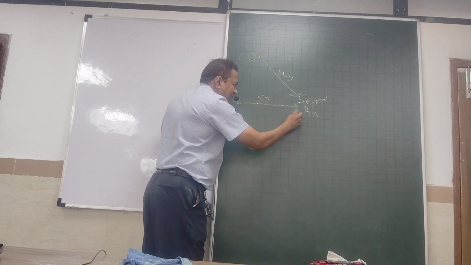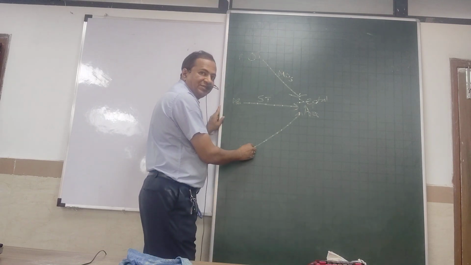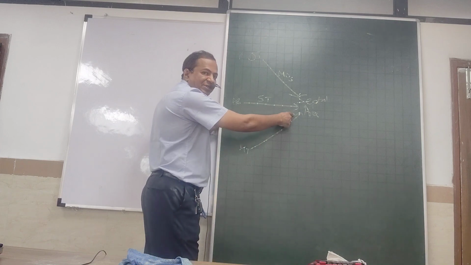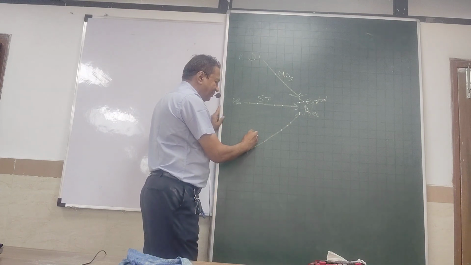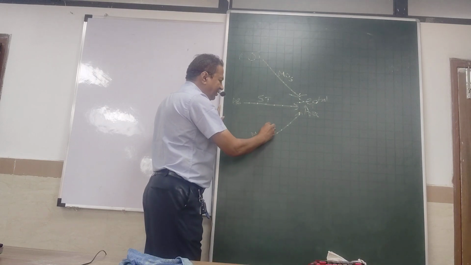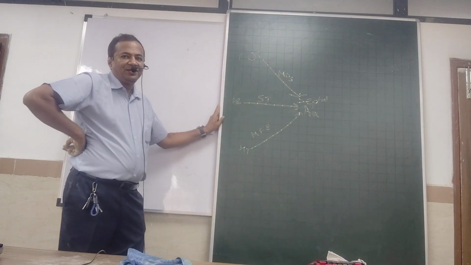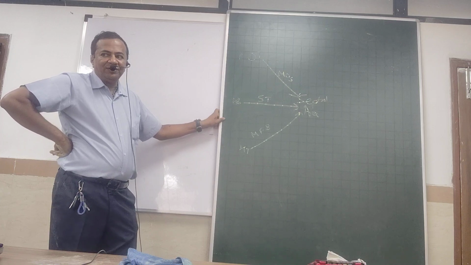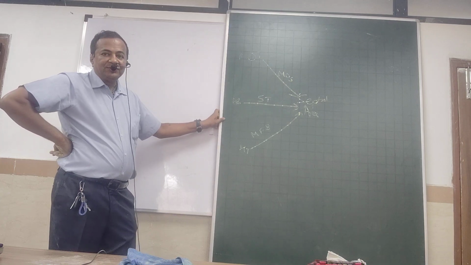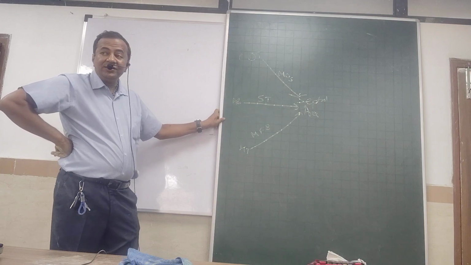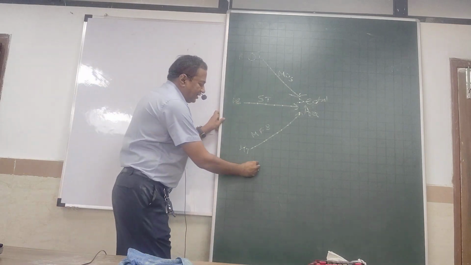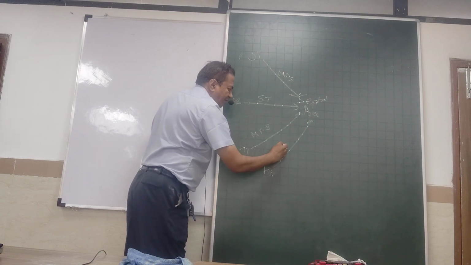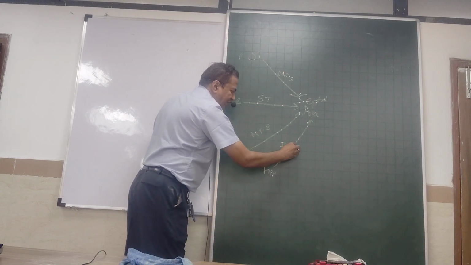Before, I told you the hypothalamus sends to the septal area via the medial forebrain bundle. So the septal area is also connected to the hippocampus via the fornix.